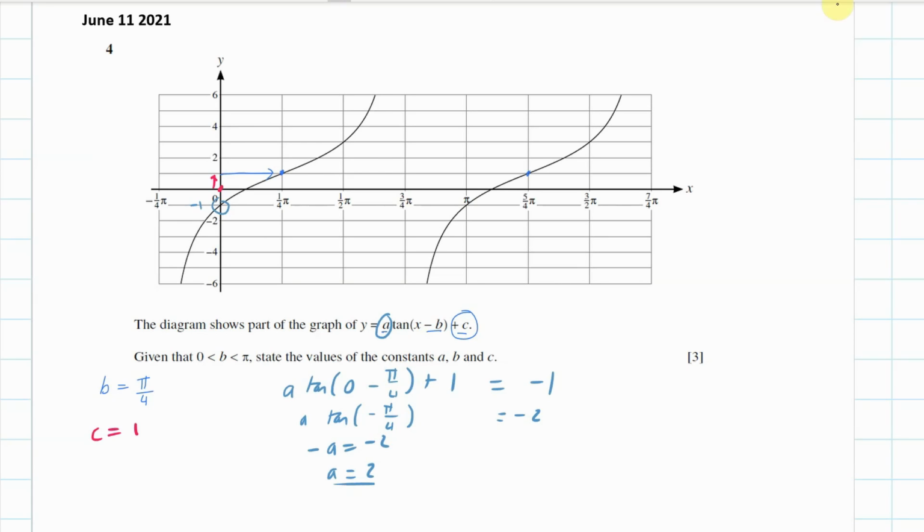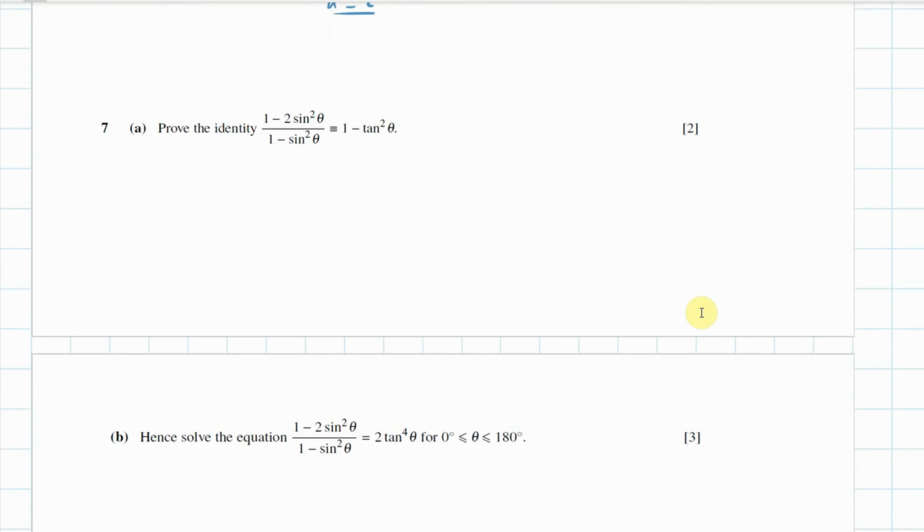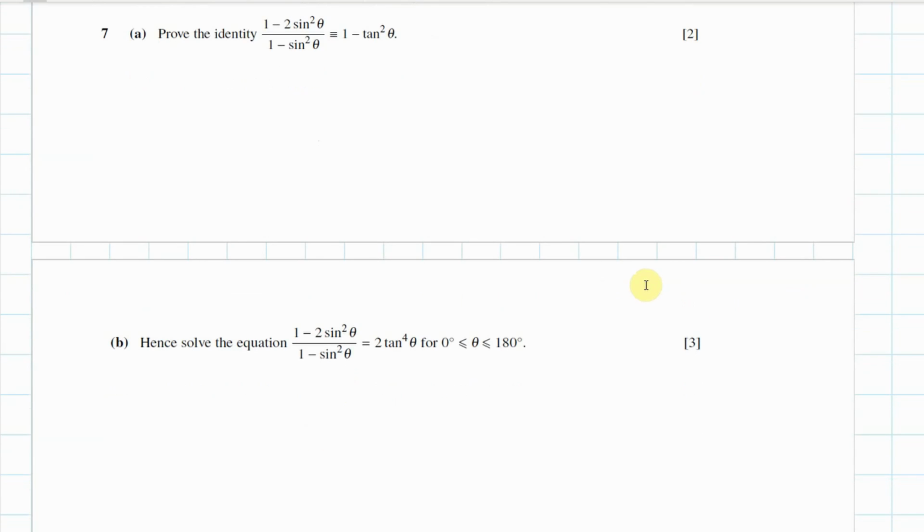Right, next I've got to prove this identity. So what are we going to do here? I would probably rewrite the top line as... interesting. What could we do here?